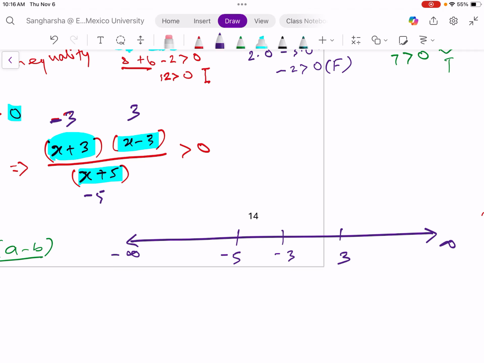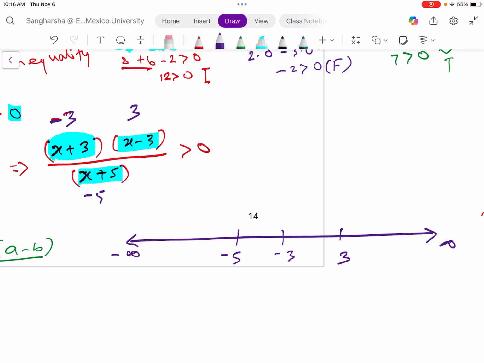Now let's start with negative 5. Is negative 5 a solution for our inequality? What happens if you replace x in this inequality by negative 5? You can just test here. Negative 5 plus 3 is negative 2, negative 5 minus 3 is negative 8. Negative 8 times negative 2 is positive 16, divided by negative 5 plus 5, which is 0. 16 divided by 0.